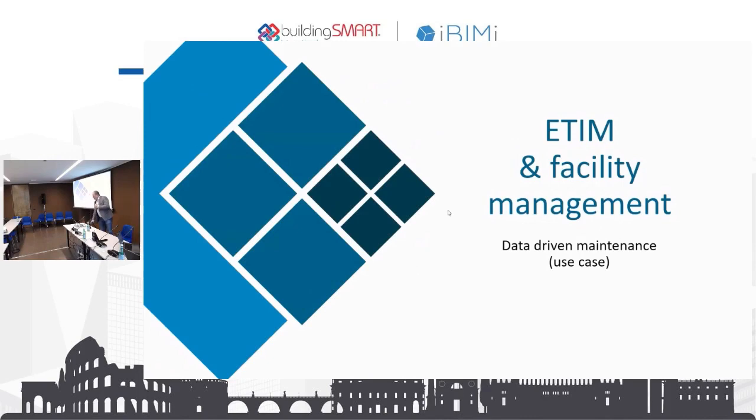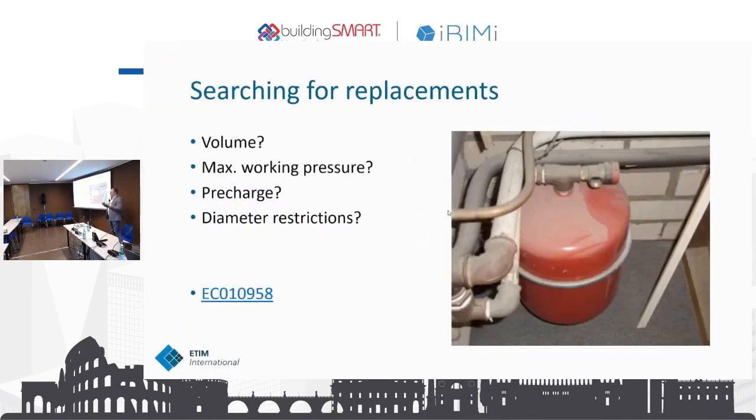So I also mentioned facility management. Let's fast forward in time, and something breaks in your building, and the facility manager is called to the site and says, "This thing is broken." And what is this thing? I know it because I sold them for many years: expansion tanks.